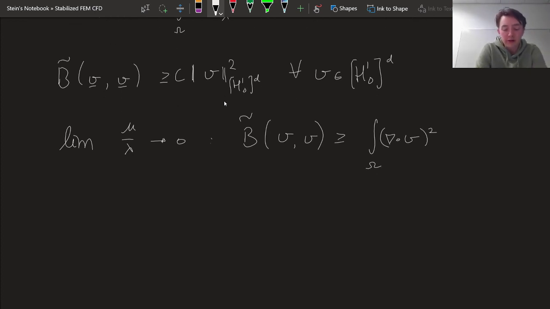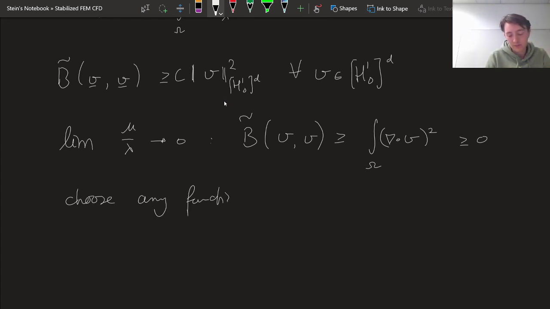So is that a coercivity statement? Well, it's going to be larger than or equal to 0. But I can choose functions. So choose any function that is divergence free, and that then gives me b tilde v comma v is equal to 0.